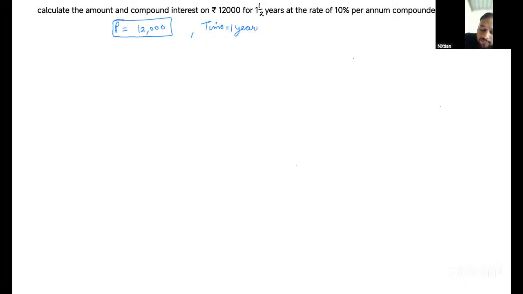Because 1 year is there and the rate is also annual, the rate will not be divided, it will remain the same as 10% per annum. And because it's only happening one time, the nT value will become one time. Did you understand, guys?